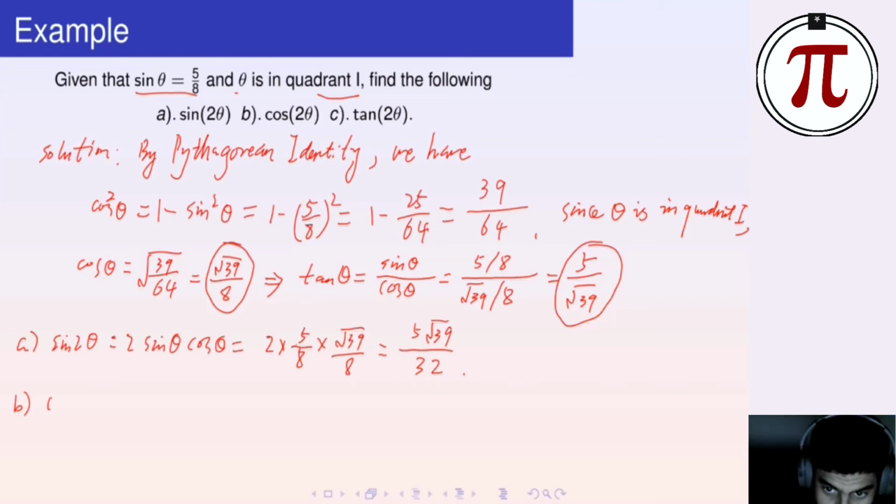And b, cosine 2 theta. You can use either equation, all right? Use cosine square theta minus sine square theta.